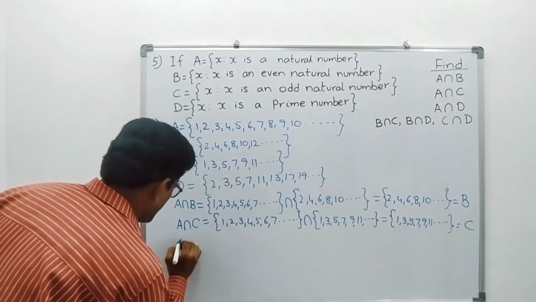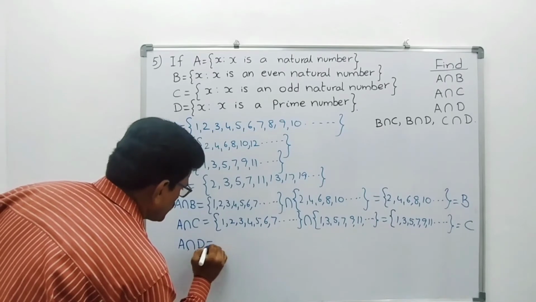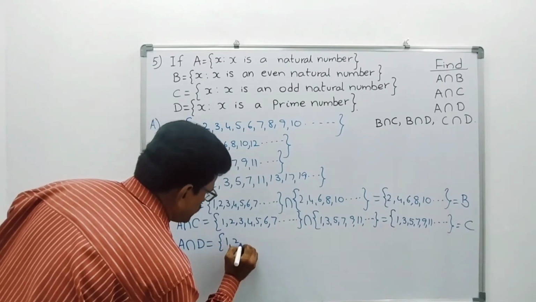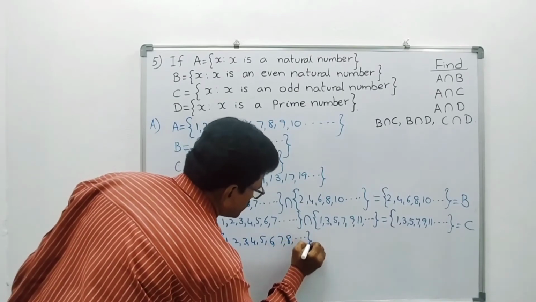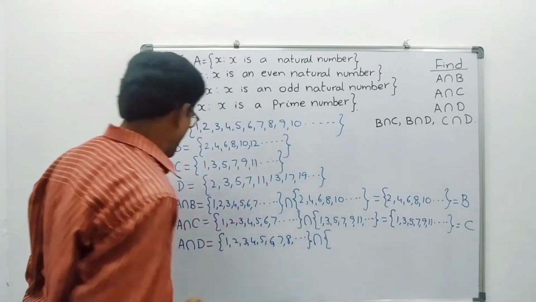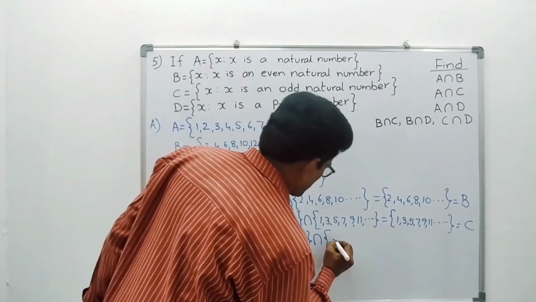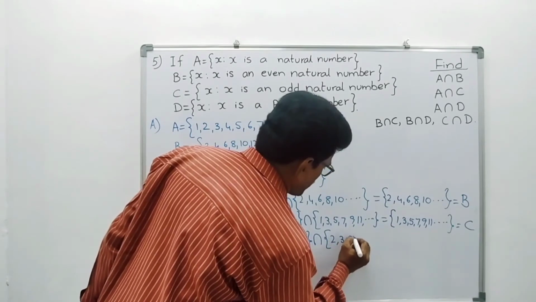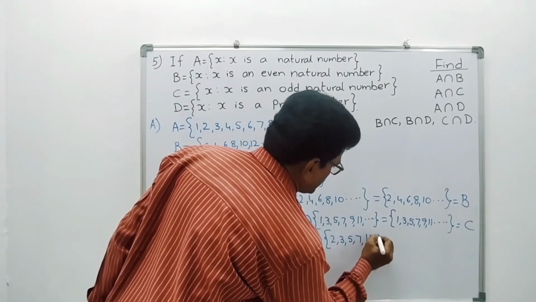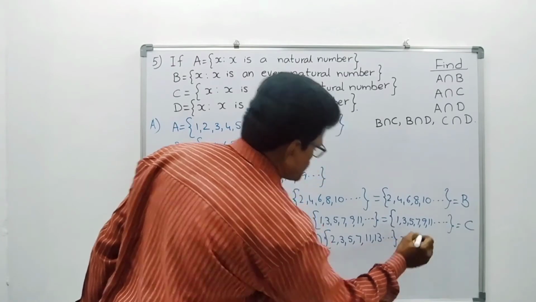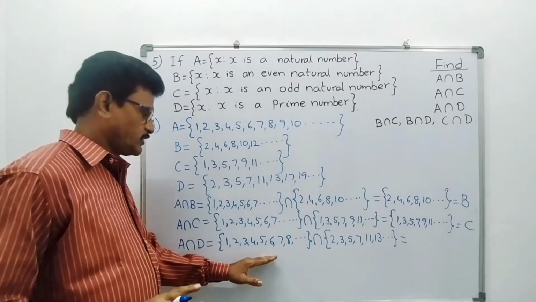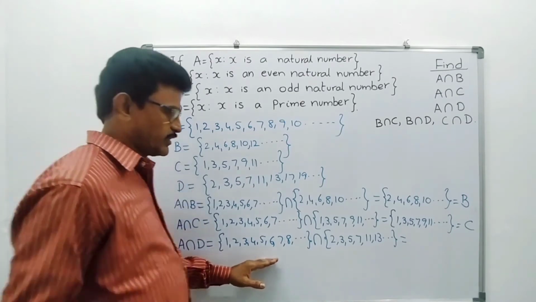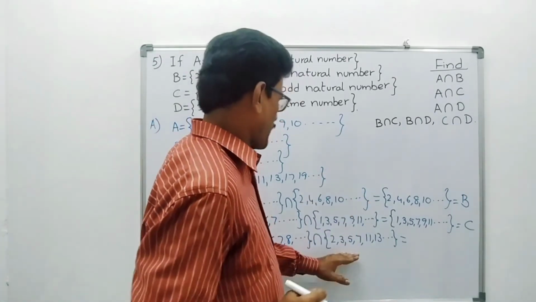Next one, A intersection D. What are the elements of set A? 1, 2, 3, 4, 5, 6, 7, 8, and so on. Intersection. Now D: 2, 3, 5, 7, 11, 13. These are the prime number list. Set A has all elements, 1, 2, 3, 4, all numbers are there, but here only prime numbers are there.